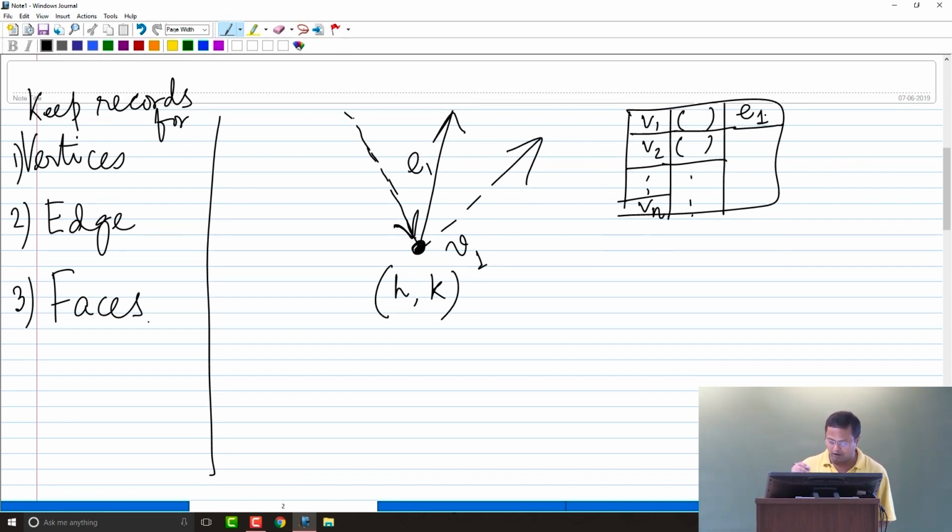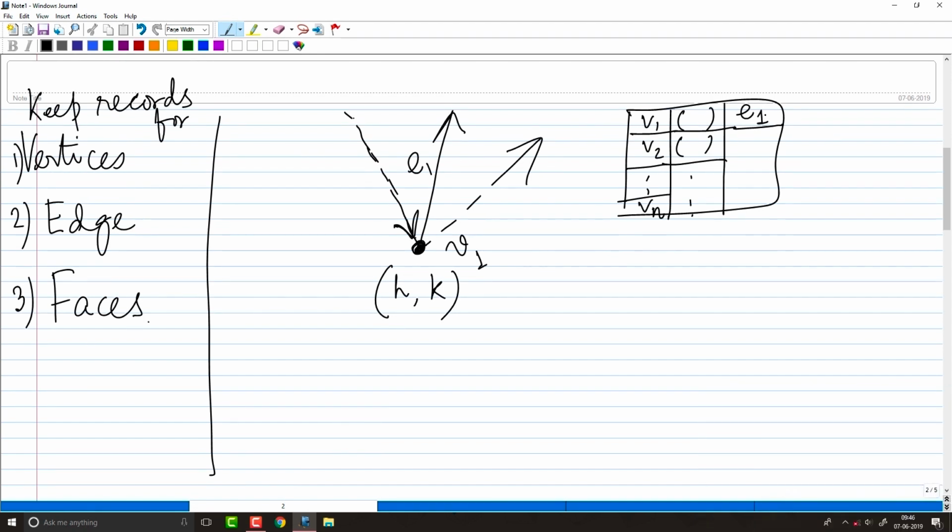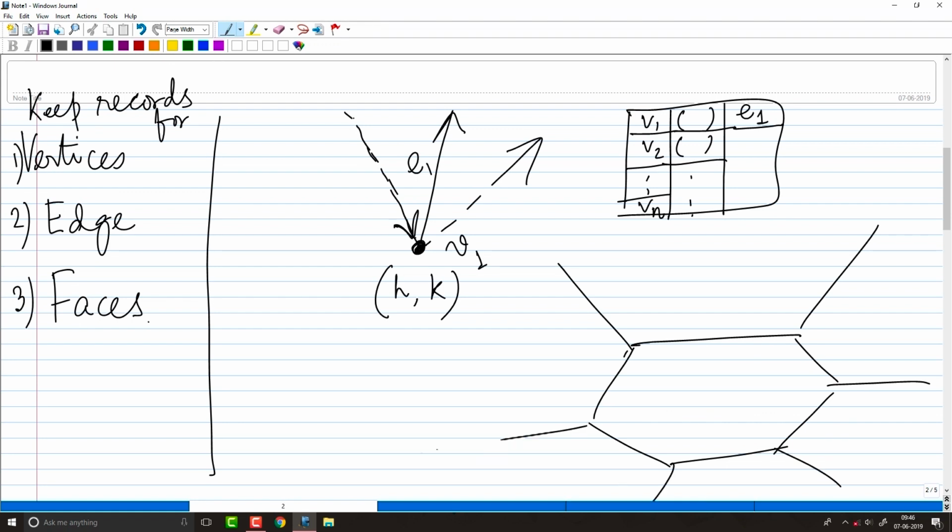Now, mind you, for an edge of a Voronoi diagram, let this be a Voronoi cell. I should have some way of going around this Voronoi cell in this direction or maybe the other way round. So, I will keep for each edge, like you had this vertex record, you can also have edge records.